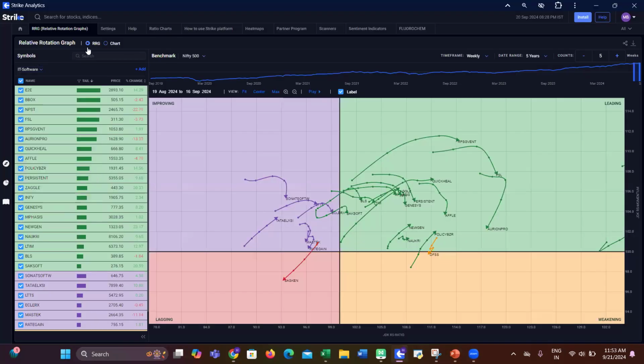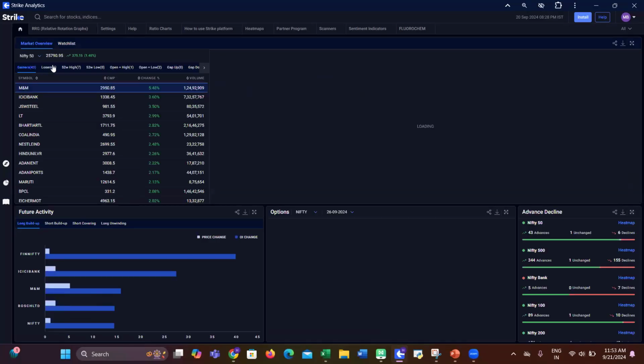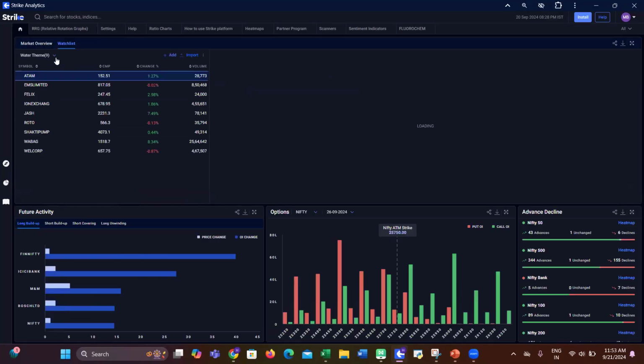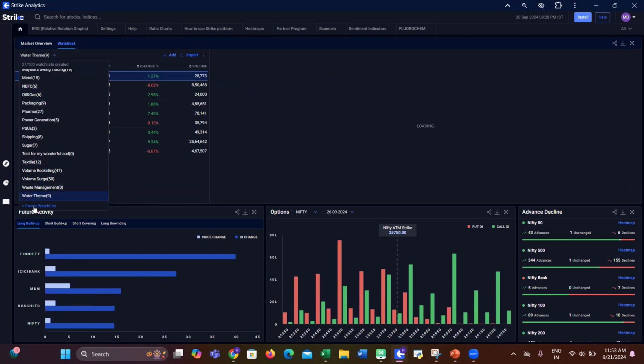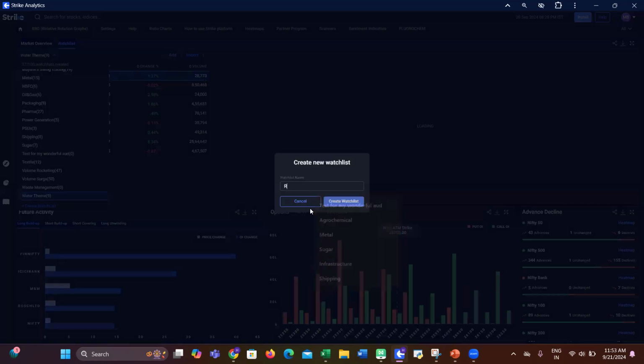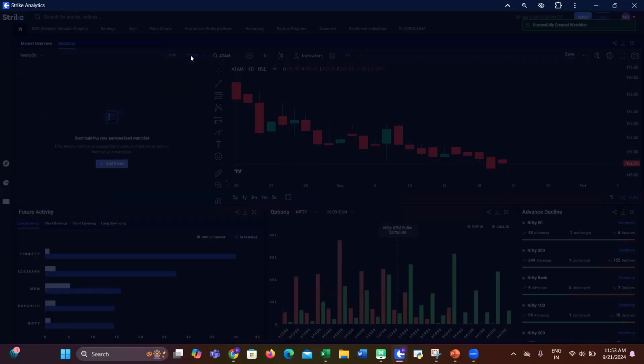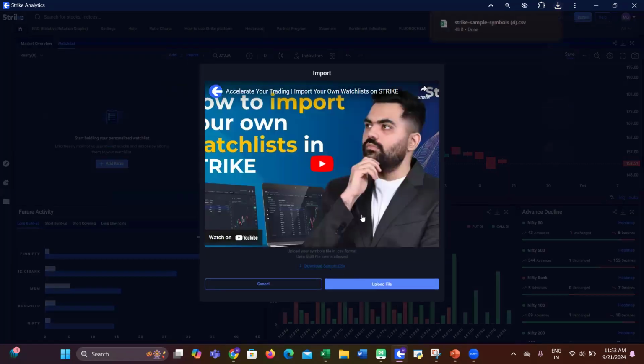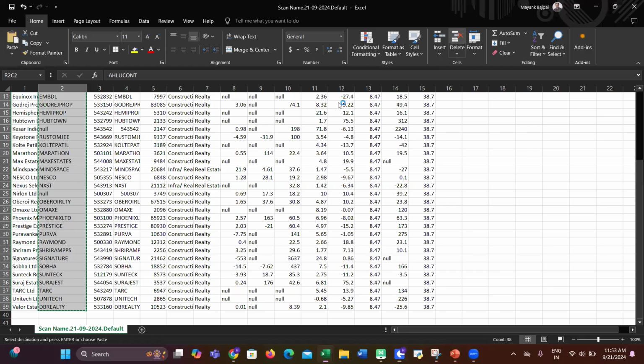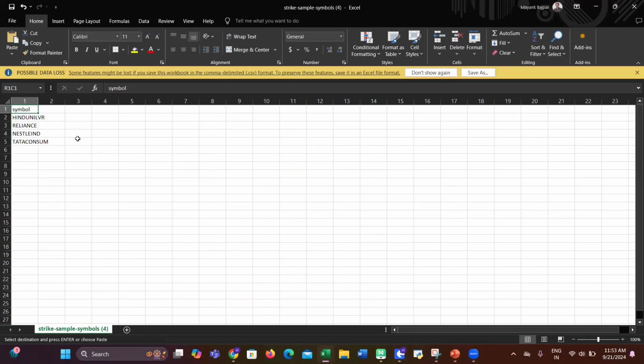And with that, you can also learn how to create a watch list. So go to the home page, go to watch list here, click on create a list, create realty watch list. You can also import, right? So what I will do is I will download a sample file and let's look at this.